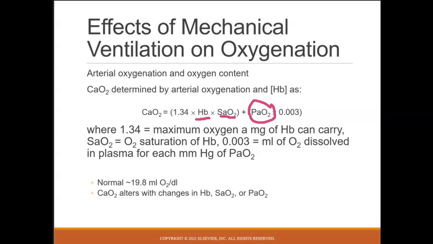Those are the most important effects, and we did this in CP Phys. That is what's going to affect how much is delivered to the tissues, even more so than my PaO2.